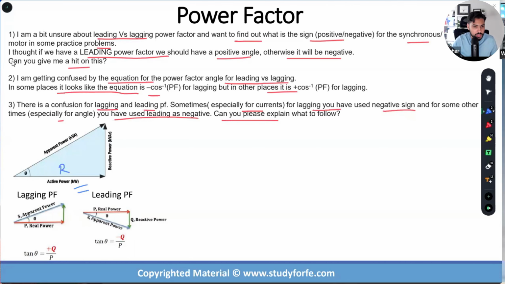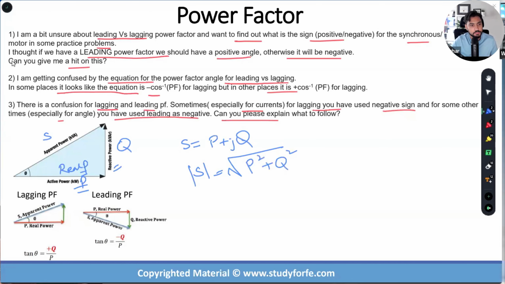This is the real power, P. This is the reactive power, Q. This is our apparent power. So if I write this as a complex power, S is equal to P plus jQ. If I want to figure out the magnitude, it becomes square root of P squared plus Q squared. All good?